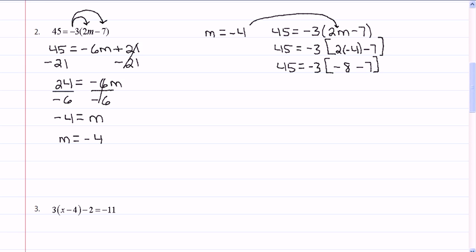And since we are subtracting signed numbers, we have to follow keep, change, change.